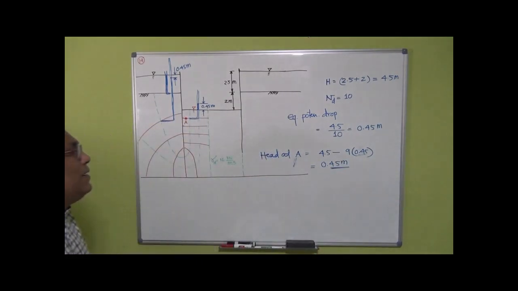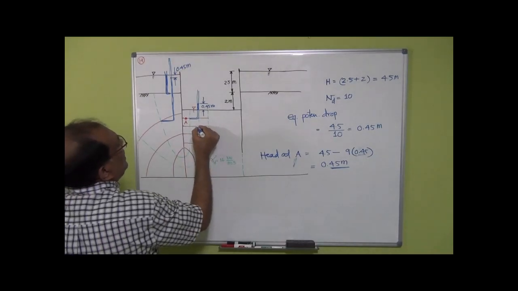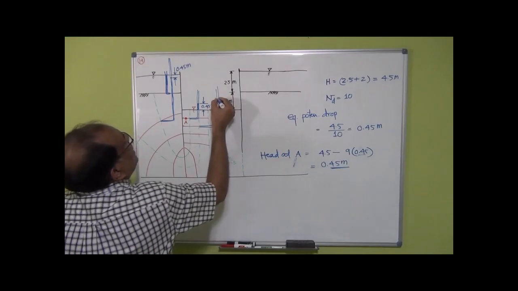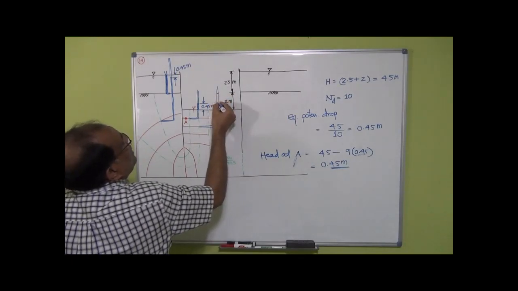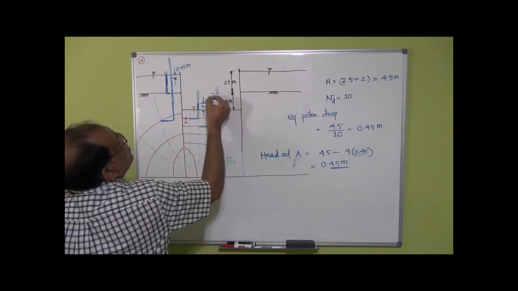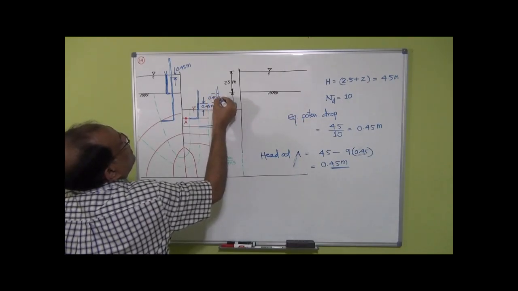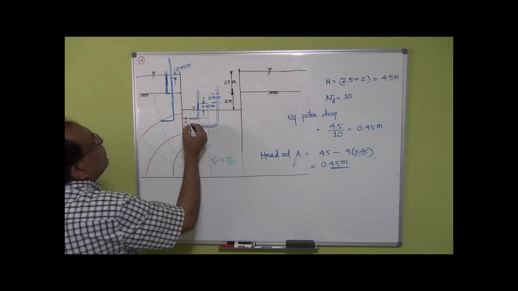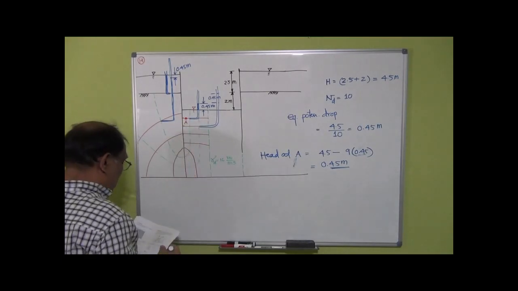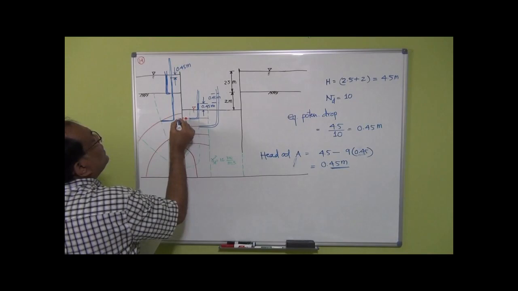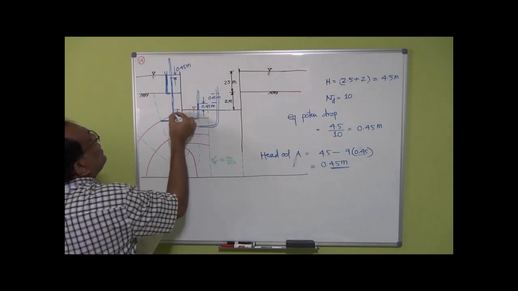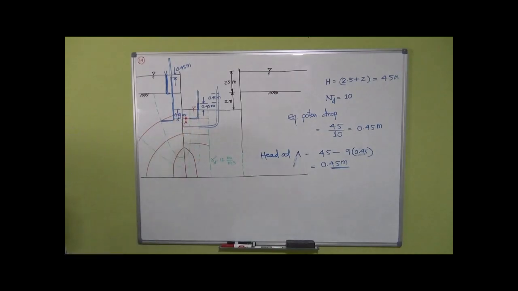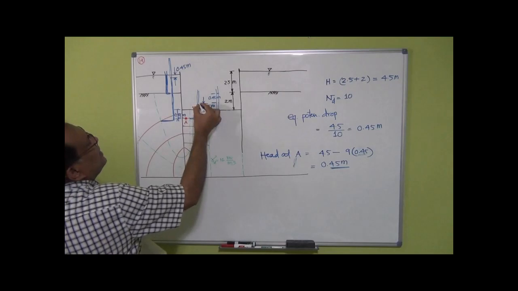Okay, so if you put another piezometer here, then you will see the water level would be here in such a way that this difference is 0.45 meter. They gave you the distance as 0.9, so I know that the head is here.